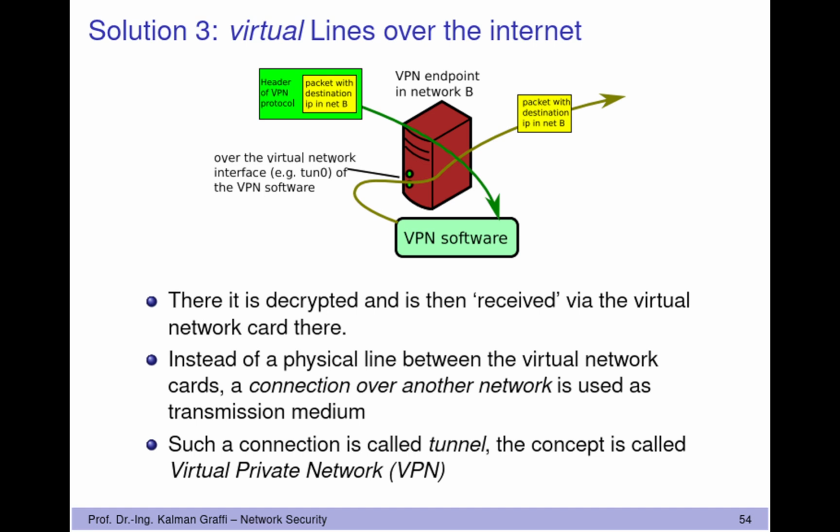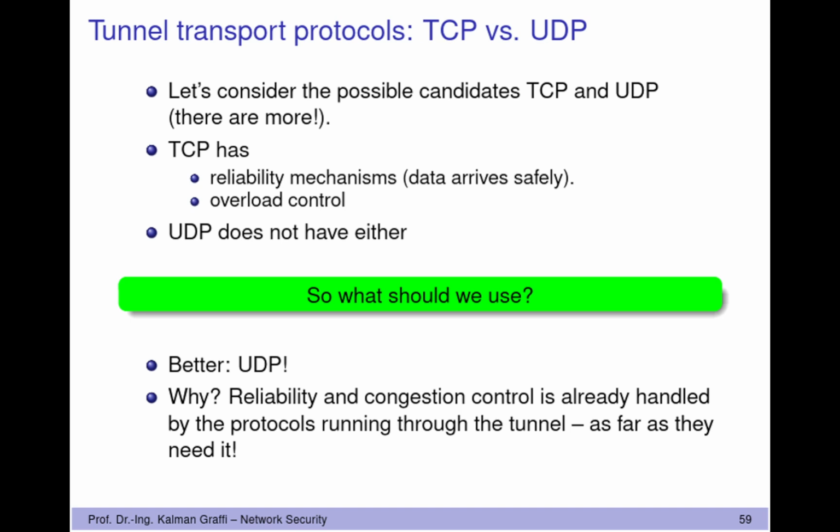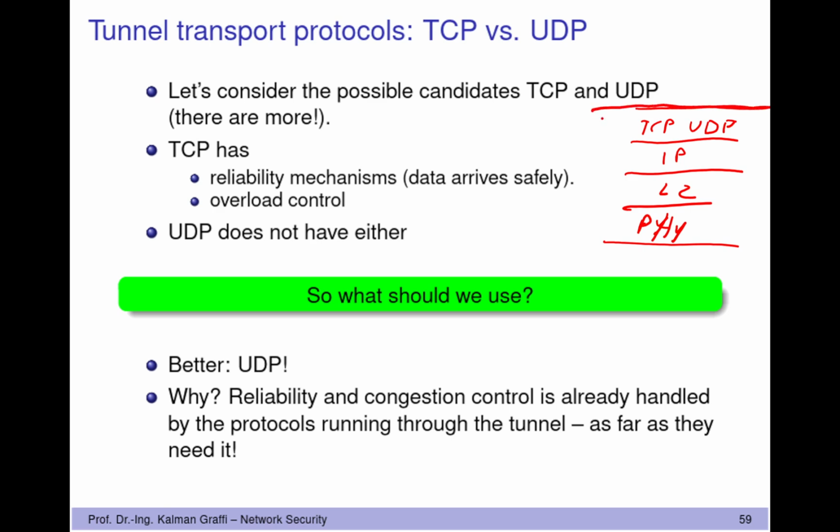And eventually we stopped at the point of what protocol to use below a virtual private network, as everything is encrypted. Typically you have the physical layer, layer 2, and then IP, and then TCP or UDP, and then you have the encapsulated packets that come as an application layer protocol packet.